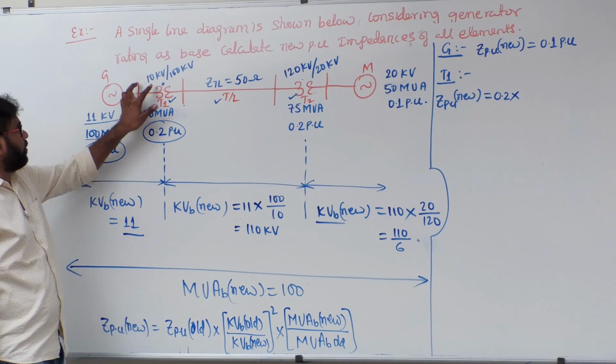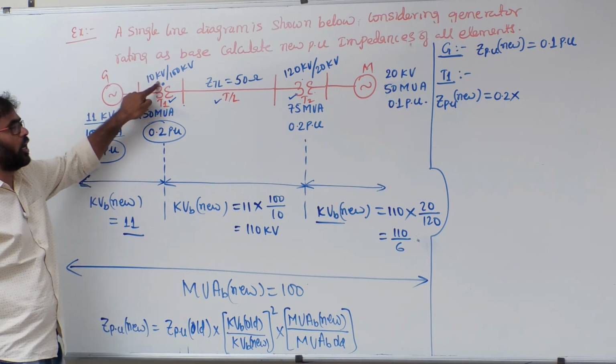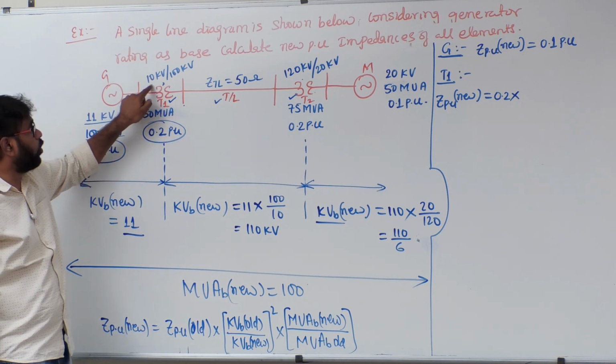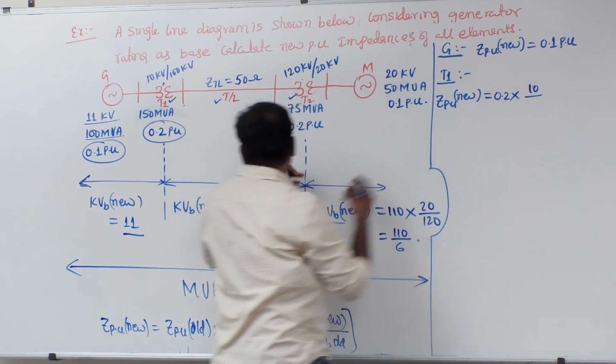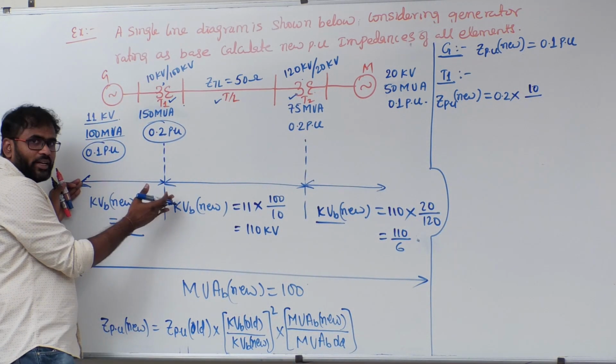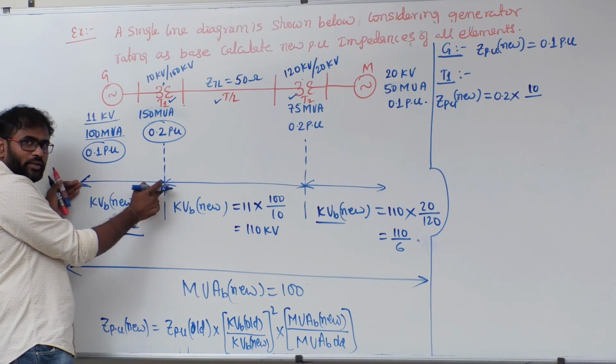From the primary side, let's see what the KVB old rating is. It is 10. What is the KVB new we calculated? The generator rating, 11. So KVB new is 11.